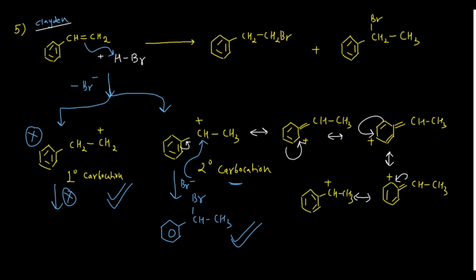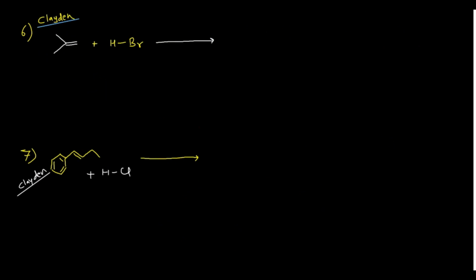Please remember, okay? Now this is another problem from Clayden, right? So again, you can write the two products. I am writing in that manner, Br, this is my one product, and my Br, this is my another product, right?